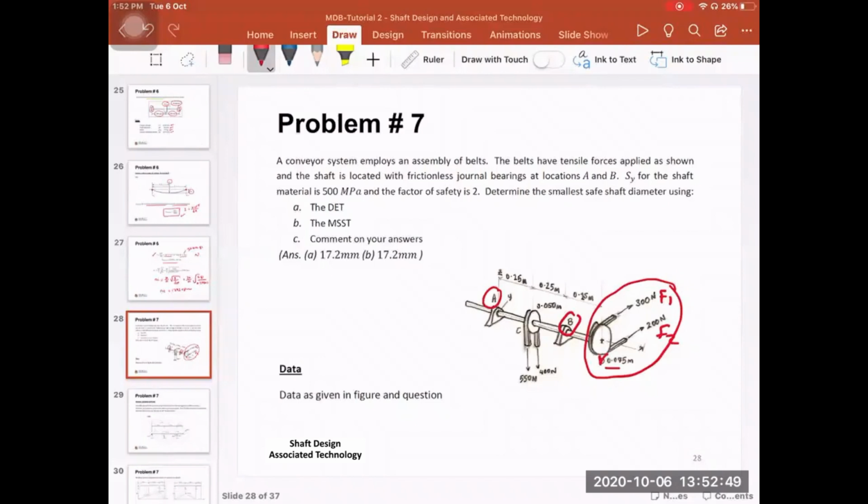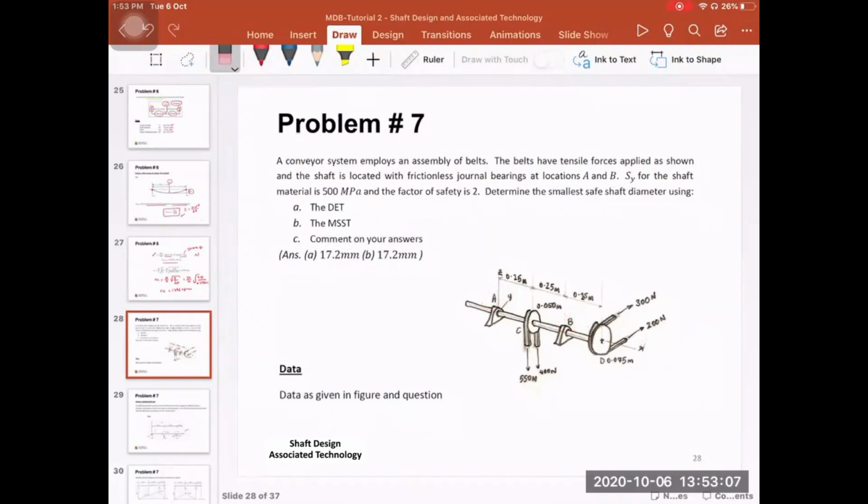We have another pulley at point C where we have force F1 and force F2, and the radius is 0.050 meters, okay? So these are the two pulleys that we have, and these are the forces and the bearings, okay? So what is required now?